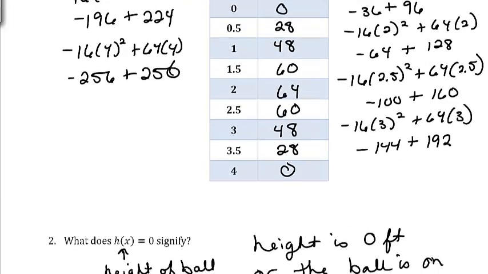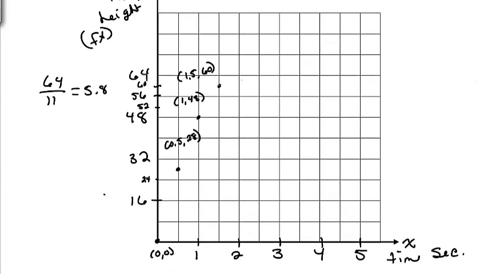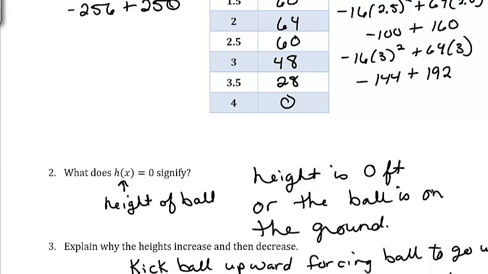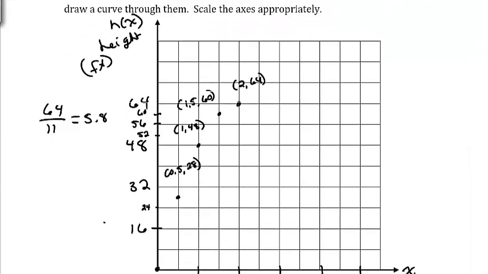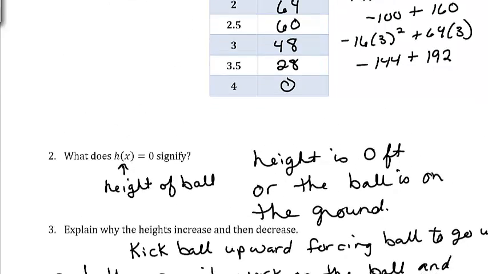And our next one is (2, 64). Nice, easy point for us to plot. And then we've got some symmetry stuff going on, so these will all be pretty easy too. So (2.5, 60). And then it was (3, 48).